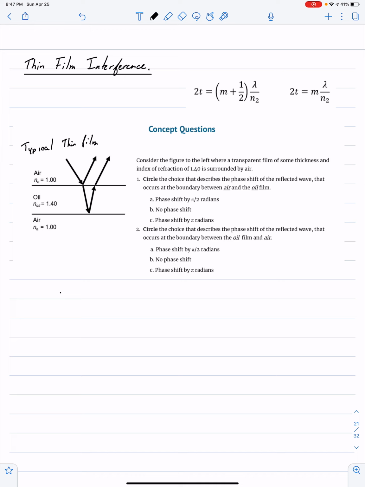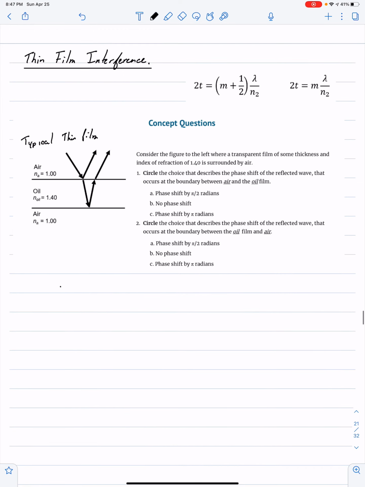Now, what's going on here? Basically we have an incident wave coming in. It hits a thin layer, a thin film. This is the thickness. Then it is refracted, but once it is refracted, because we have another layer right here, it is also reflected.